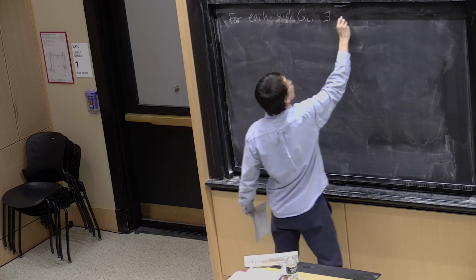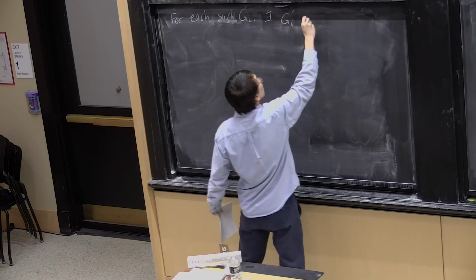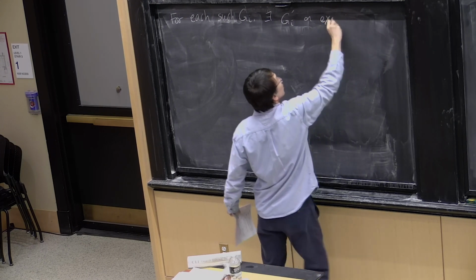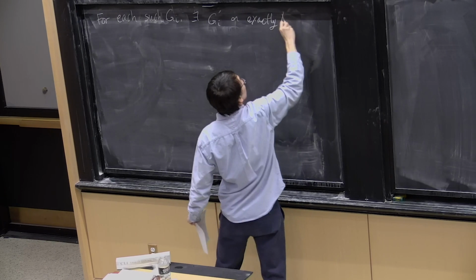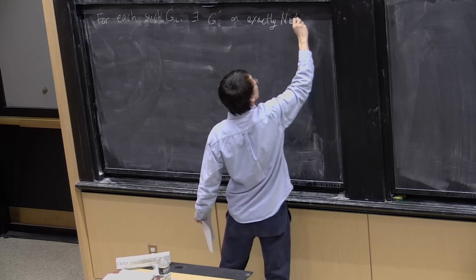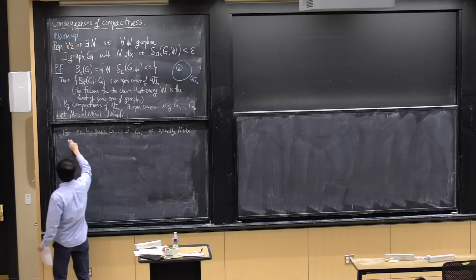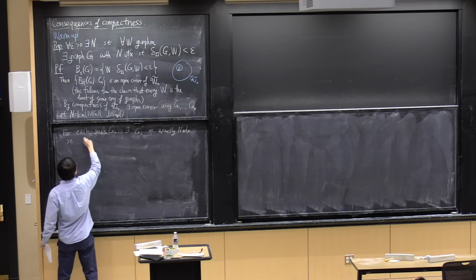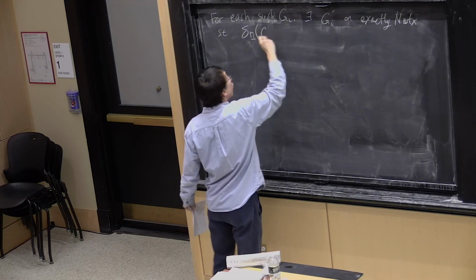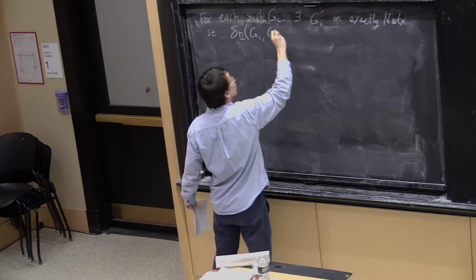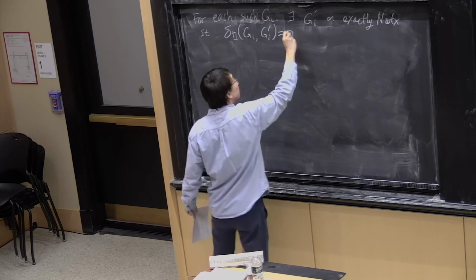There exists a graph Gi prime on exactly n vertices such that they represent the same point in the space of graphons.